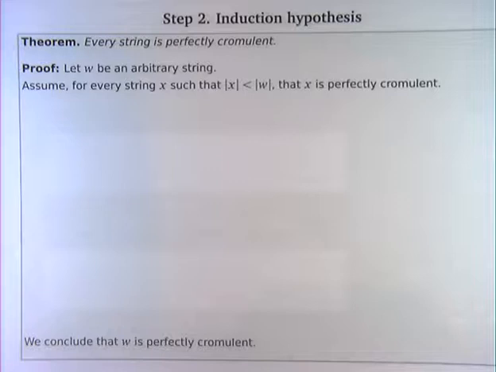But never say literally, assume for all shorter strings that the theorem holds. Always write it out, because the theorem doesn't actually refer to x, right? Do the transcription. Write it out by hand.